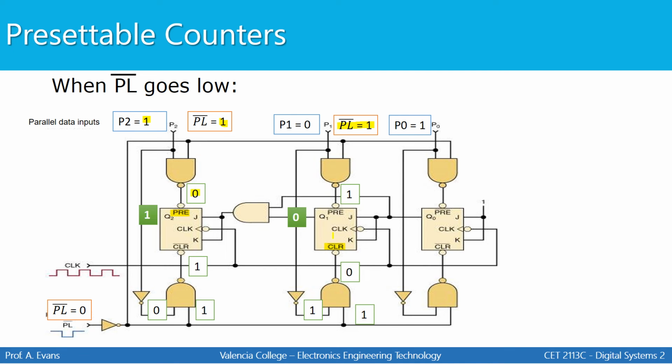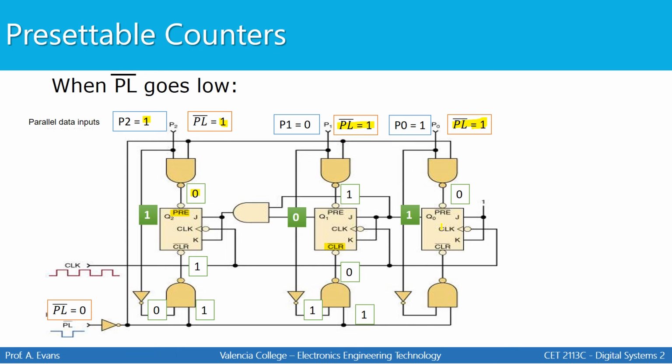And then if we follow the same logic around to the third flip-flop, the post-load signal that we have has been inverted and is fed to this input as well as a 1. We have a 1 and a 1 going into a NAND gate, which is going to give you a 0. That 0 is going to preset the flip-flop and force the output to be 1.